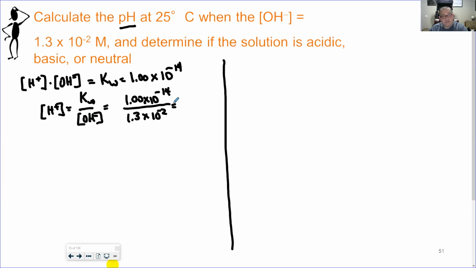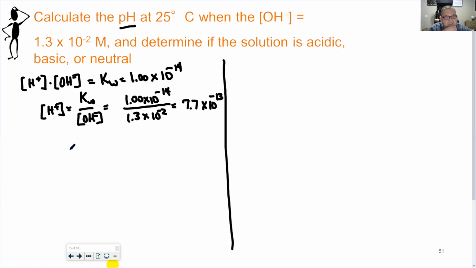Again, a calculator I don't know how to use hardly at all. And then find that the H plus is 7.7 times 10 to the minus 13th.